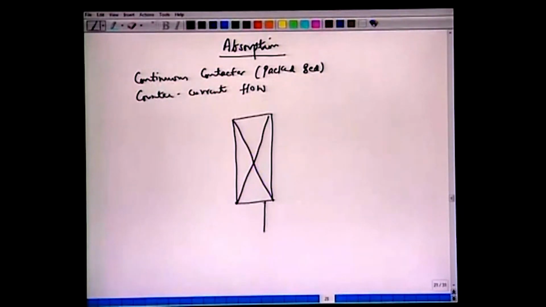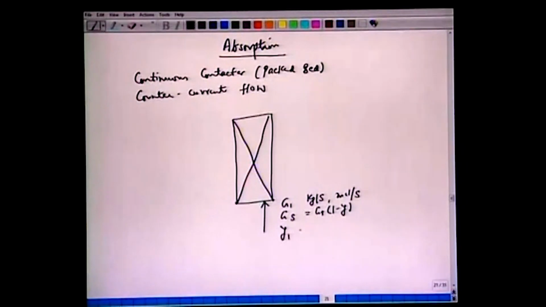We have a stream of gas effluent with flow rate G1 kg per second or mole per second. We have GS, which is the solute free basis flow rate, which is G1 into 1 minus y.